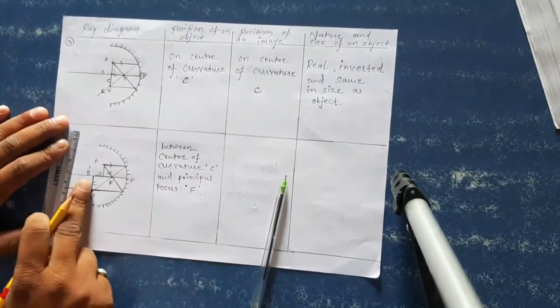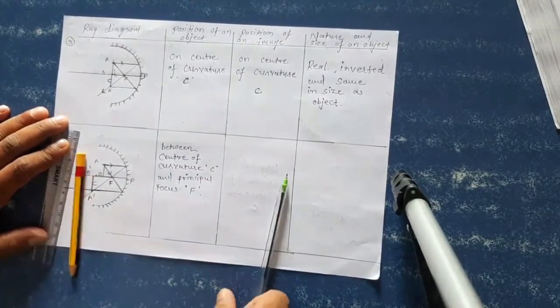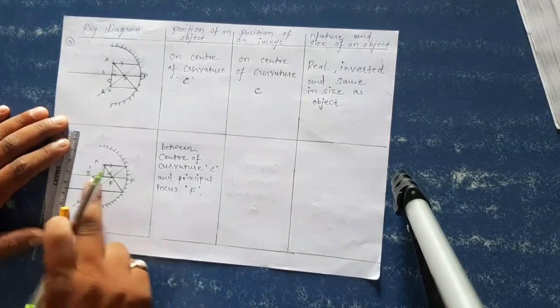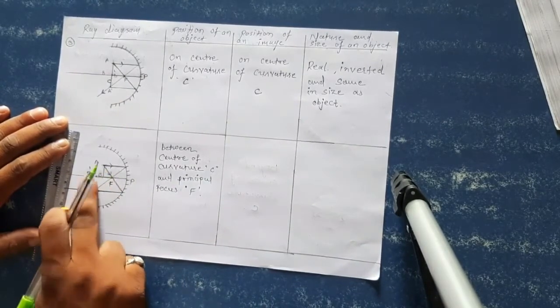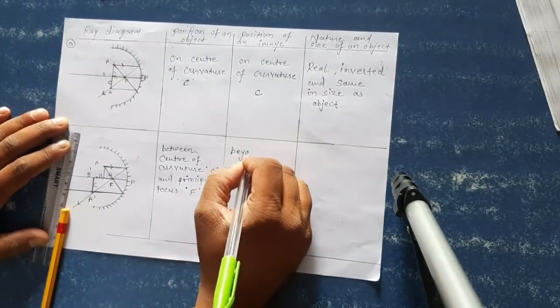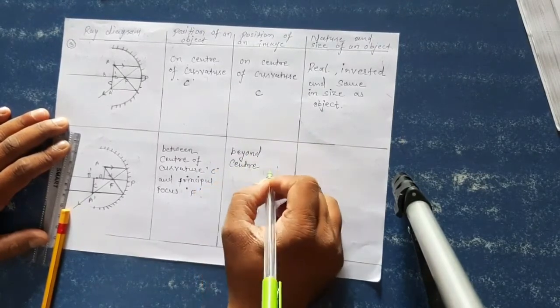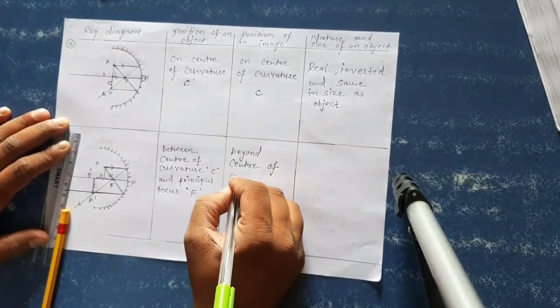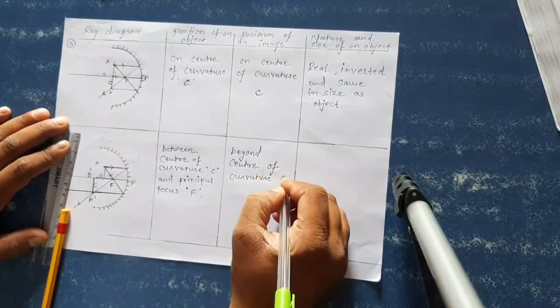Here you can see the image which is formed is beyond C. So when the object is placed between C and F, the image we will get will be beyond center of curvature C.